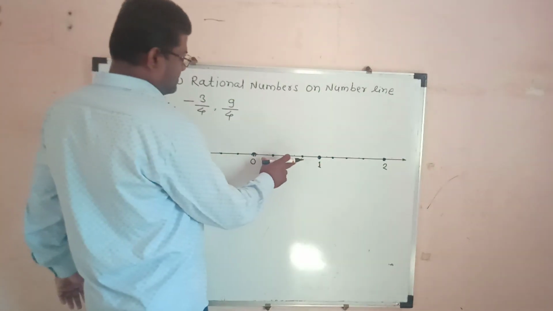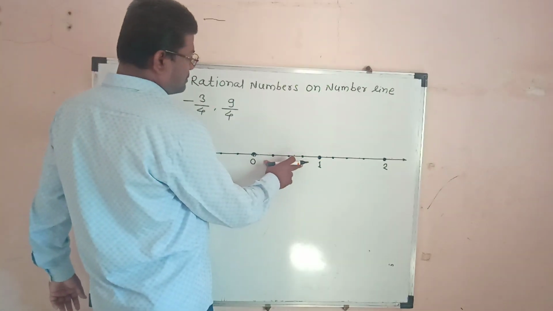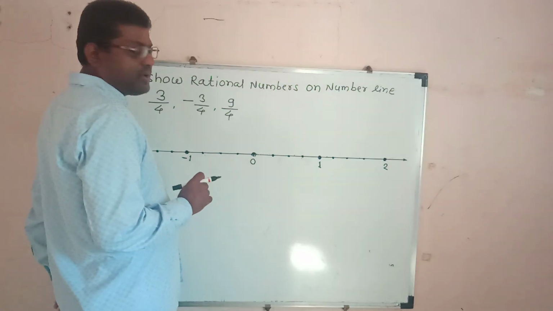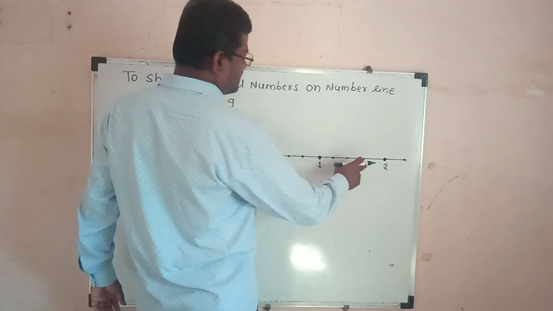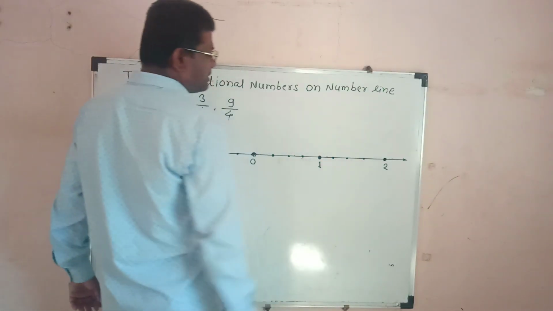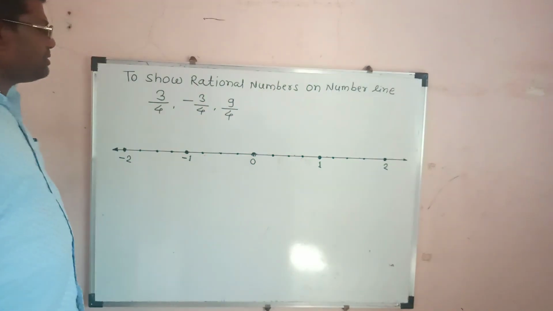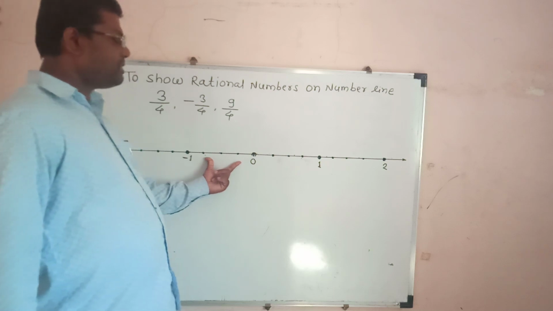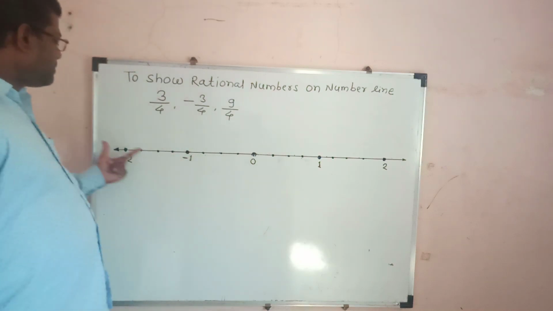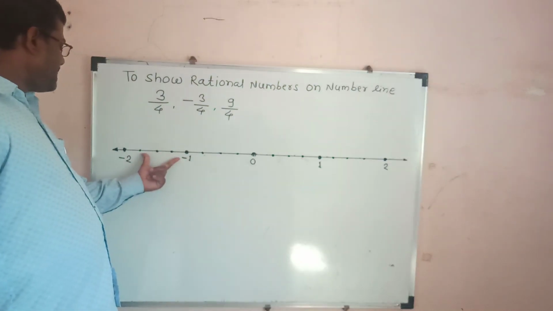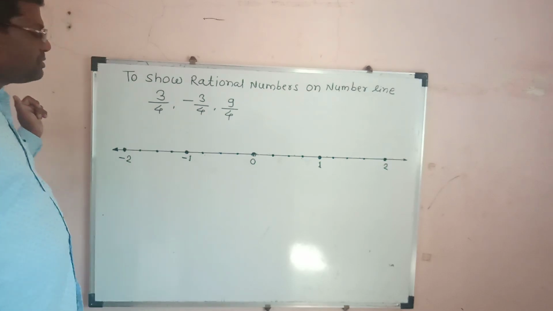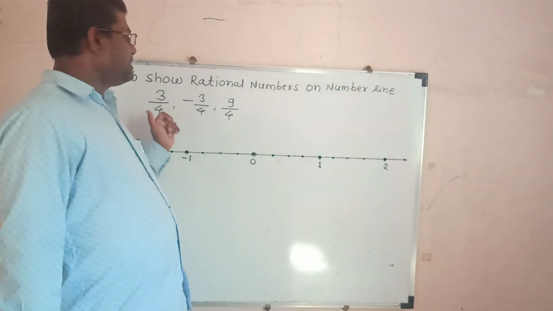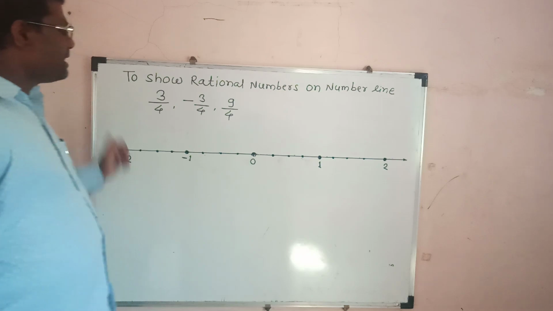That is, the distance between 0 and 1 is divided into 4 parts. The distance between 1 and 2 is also divided into 4 parts. The distance between 0 and minus 1 is also divided into 4 parts. The distance between minus 1 and minus 2 is divided into 4 parts.